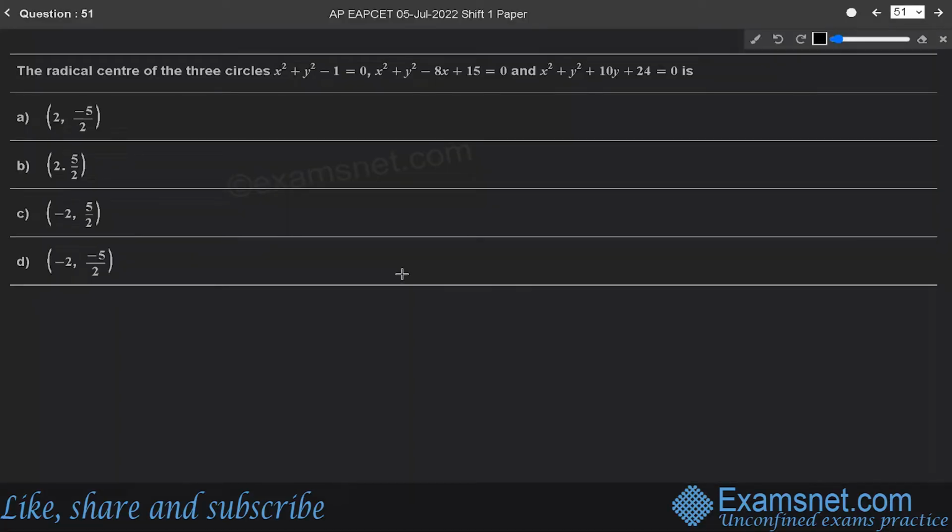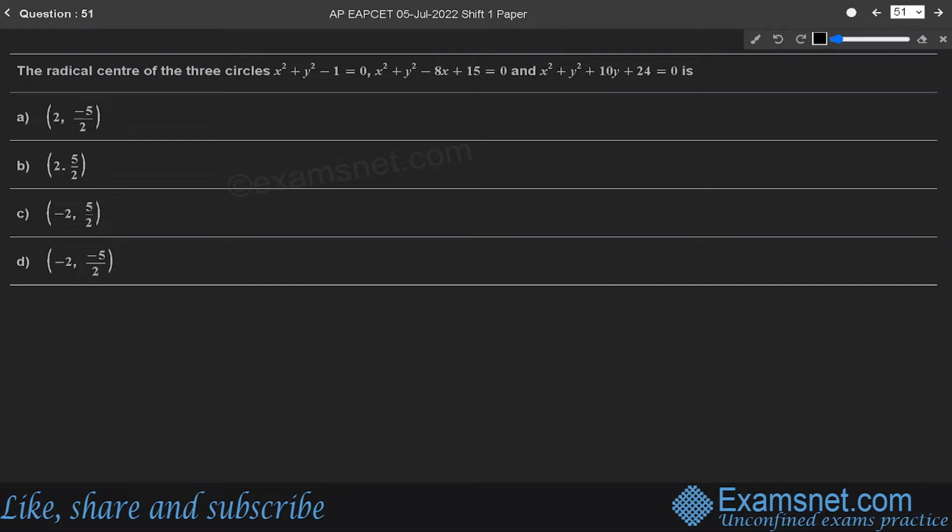Next question is: the radical center of the three circles x square plus y square minus 1 is equal to 0, x square plus y square minus 8x plus 15 is equal to 0, and x square plus y square plus 10y plus 24 is equal to 0 is. Three equations are given.